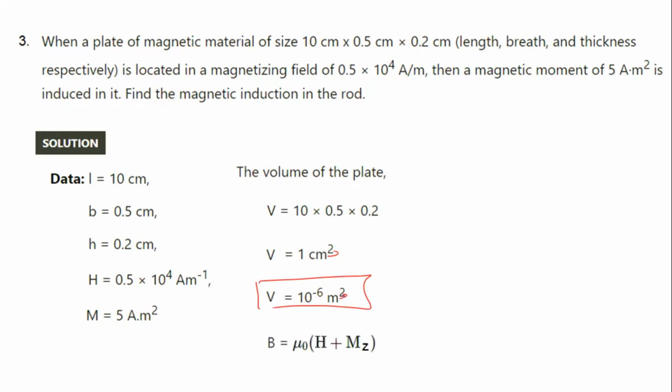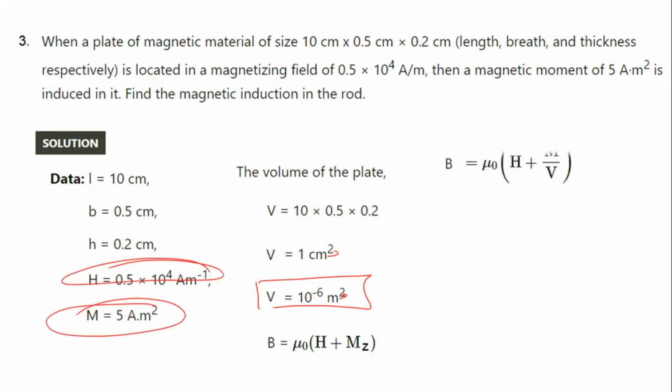Then magnetic induction B is equal to mu 0 into H plus M. This is the formula, and in it we have to substitute H and M. Mu 0 is as it is. Magnetization is not given, but magnetic dipole moment and volume are, so we use magnetic dipole moment per unit volume.